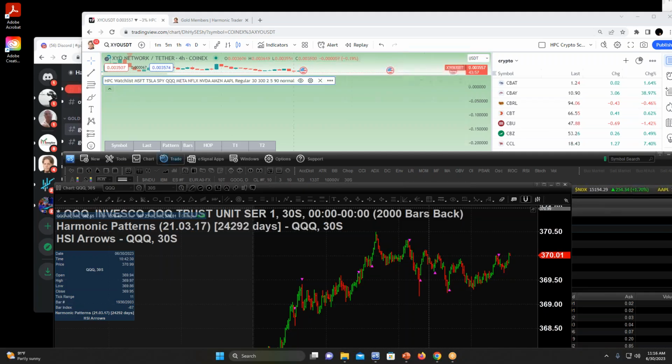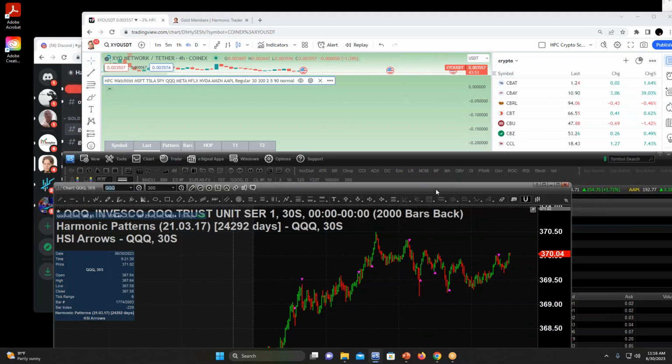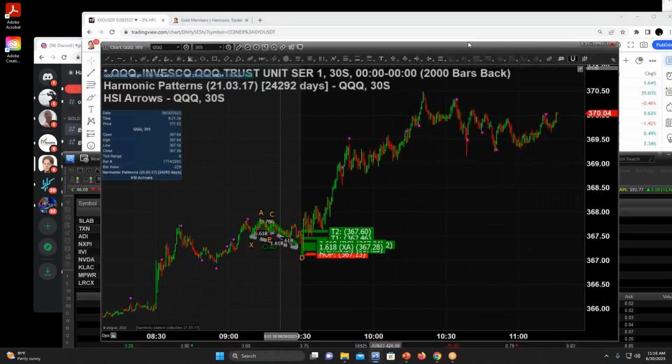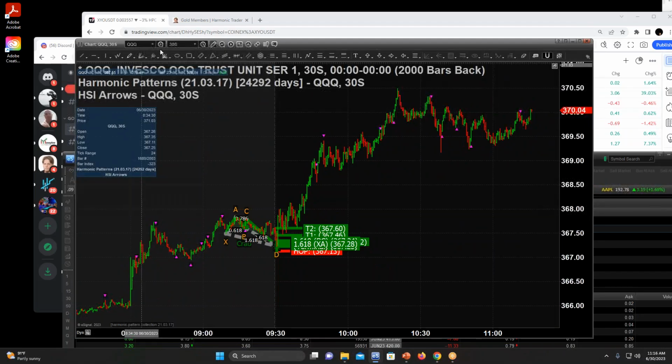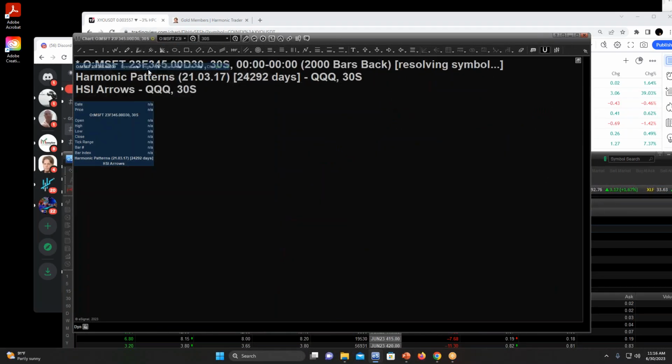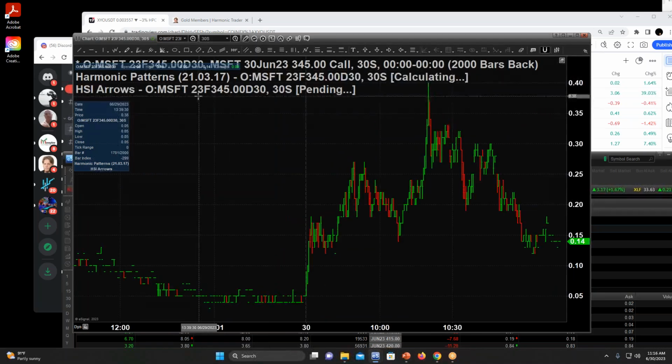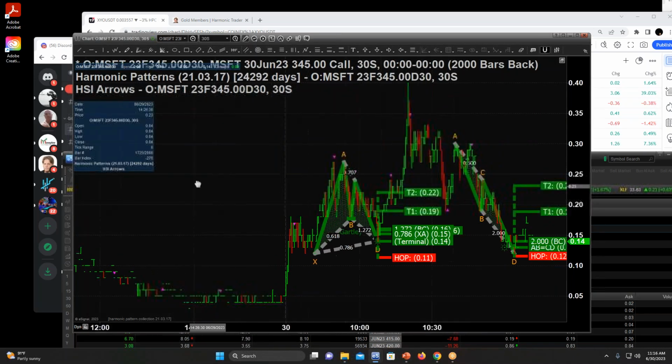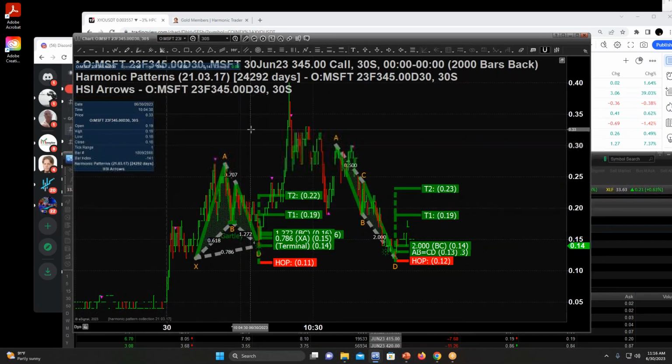Look at this QQQ. I think we got to look at. We need to size up. Look, this just went to 370. I think it could go to 371. What about the Qs? Wow. What about the 345s in Microsoft? Okay, folks, 30-second chart, Microsoft.